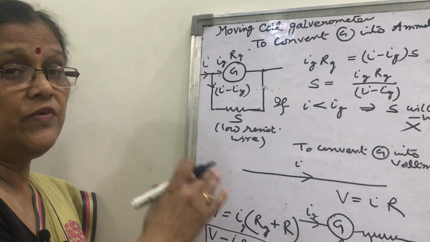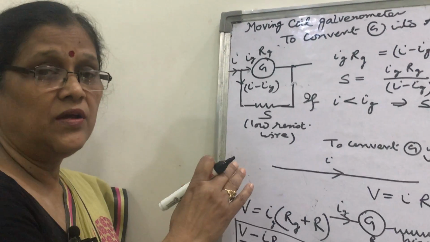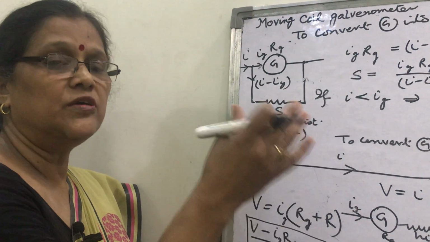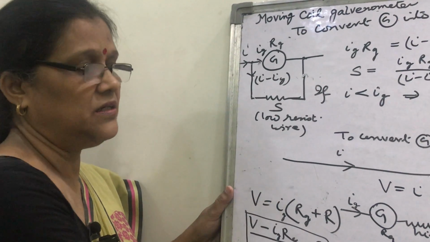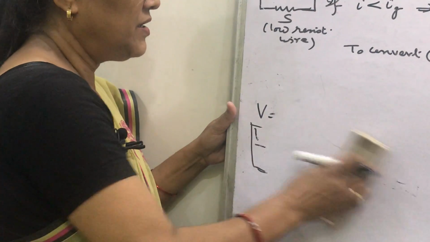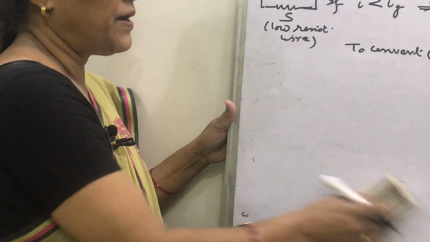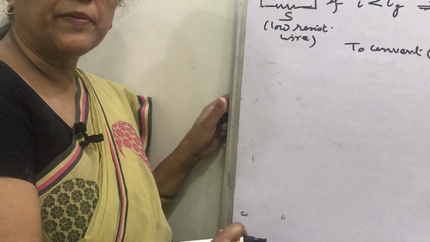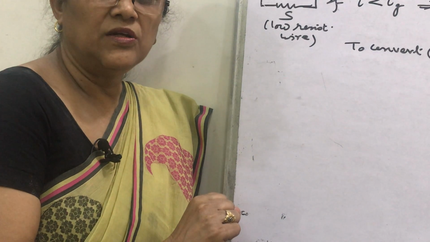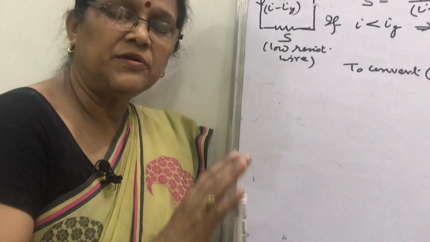Now what will happen if an ammeter is connected in parallel in a circuit and a voltmeter is connected in series in a circuit? Look, if you connect an ammeter in parallel to a circuit, what will happen? The ammeter has very little resistance and it will be connected in parallel to the circuit.